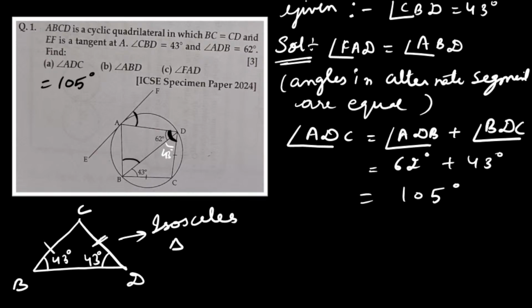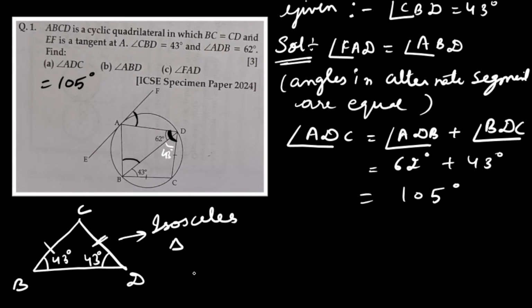Now ABD we have to find. So angle ABD is equals to, ABD is equals to 38 degree as you people are telling. Angle CBD is equals to CDB. Okay, that also we have done.